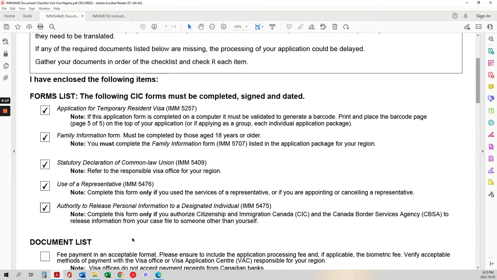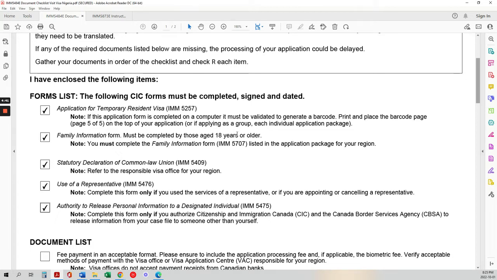So if there's anyone else that you want to have authority to get information on your file, like a spouse or some sort of relative, a friend, whomever it may be, they cannot do anything to release your information unless one of these forms is filled out. So it's very, very important to know how you want to have your application handled.